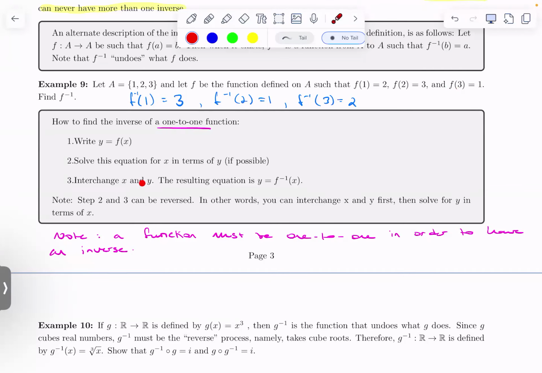And usually what we do is we interchange the x and y because we still want to talk about the inverse of x, because x is traditionally the input, just generically. You can reverse these two steps if you want to, right? You can interchange x and y and then solve for y. That's doing the same thing.